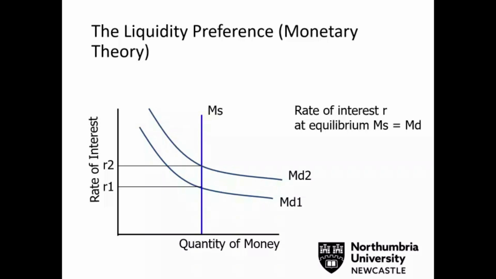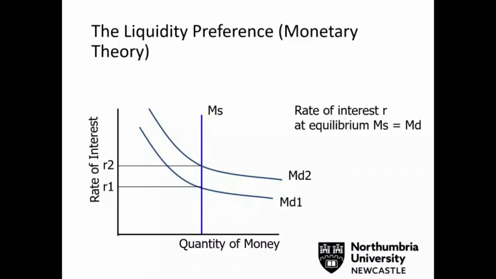People might save more and not spend more, and if people are not spending, that pushes inflation down. Therefore, because inflation's dropping, the demand for cash will also drop, in this case back to R1.